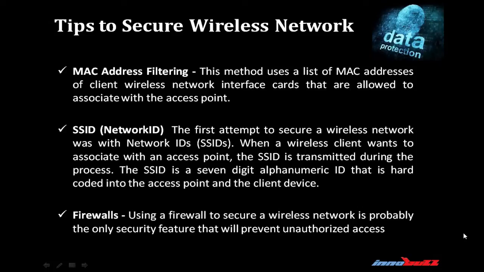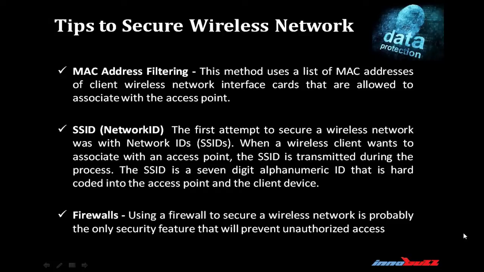Let's discuss some tips to secure a wireless network. MAC address filtering: this method uses a list of MAC addresses of client wireless network interface cards which are allowed to associate with the access point. SSID, which is called network ID: the first attempt to secure a wireless network is with network IDs or SSIDs.